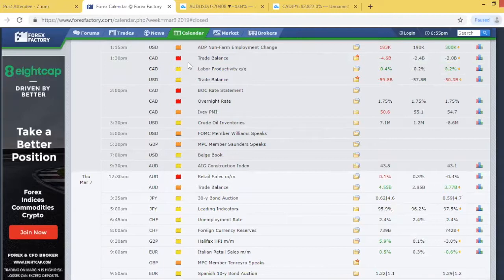The Canadian dollar has a lot of uncertainties within the economy, and we're going to take a look at that in just one moment. Especially, guys, it wasn't so much the overnight rate, but it was the rate statement that accompanied it.